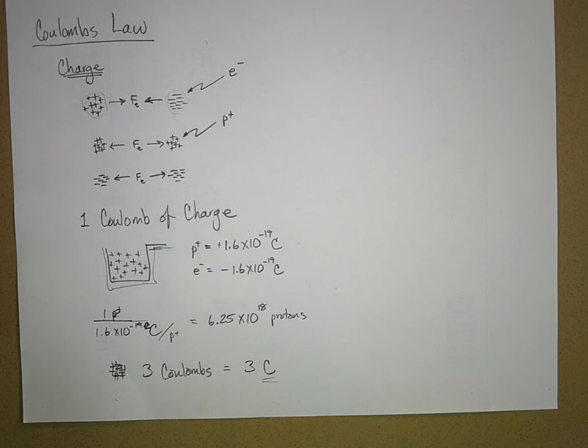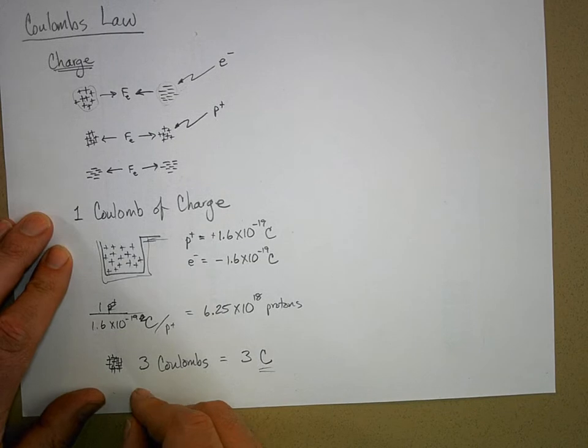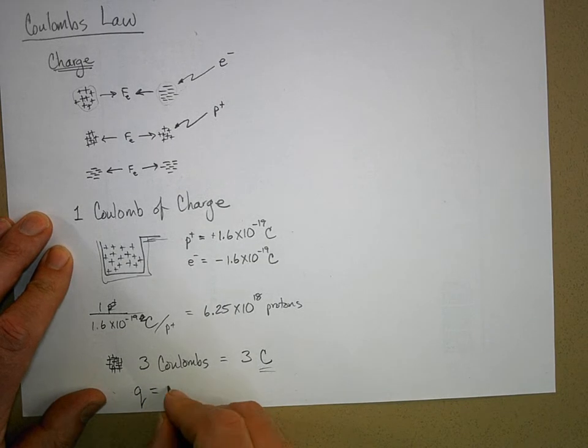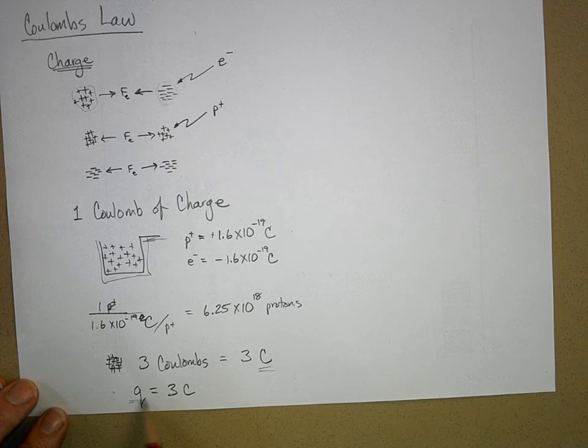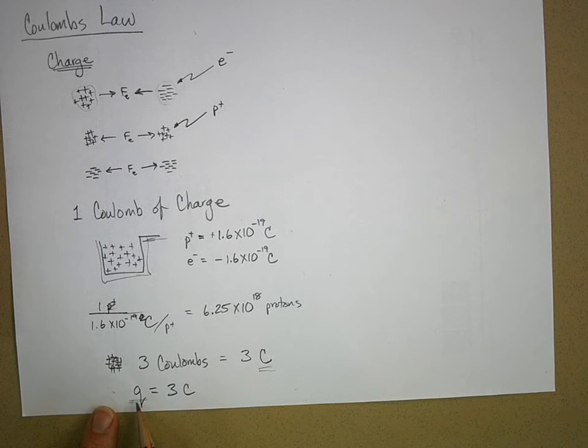Well, like we use F for force, V for velocity, A for acceleration, you'd think we'd use C for charge, but we don't. We use the letter Q. So you would say Q is equal to 3 Coulombs. So when you see a Q, sometimes they use capital Q, in the book sometimes they'll use lowercase q, but q, usually lowercase, means charge.